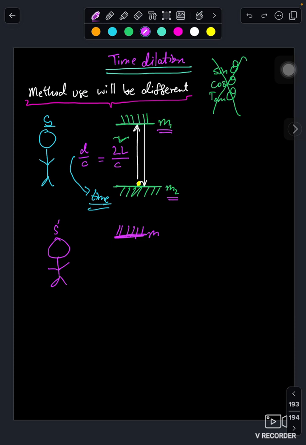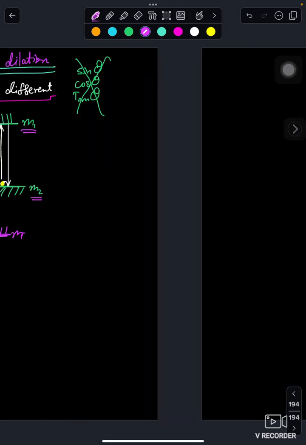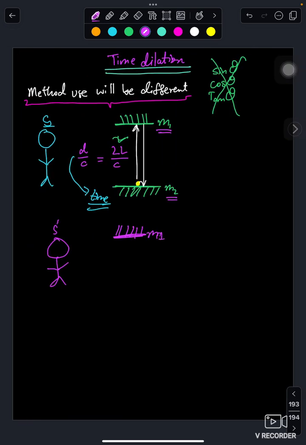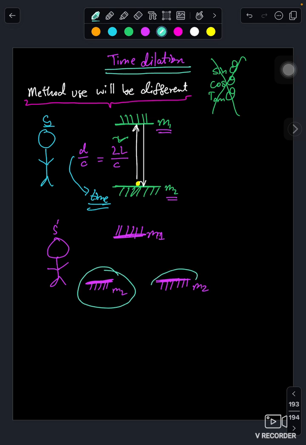M1, and M2. Since he is moving, these two mirrors will have different positions.